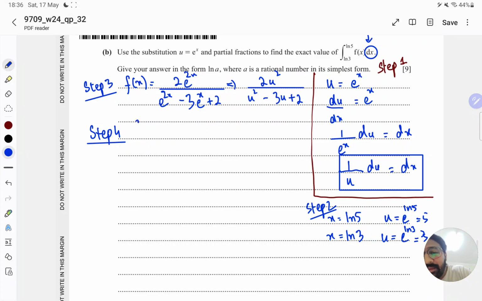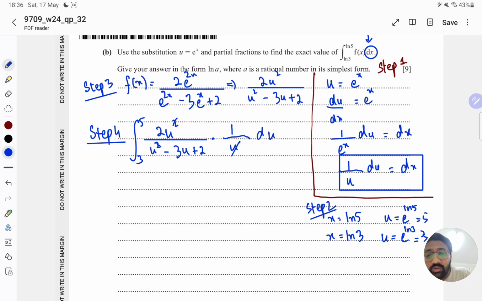So with all the limits and everything, the upper limit is 5, the lower limit is this. It will be 2u square divided by u square minus 3u plus 2. In place of dx, I will put 1 over u du.